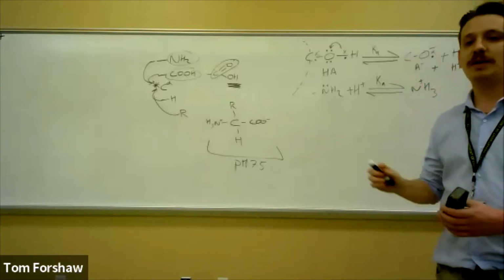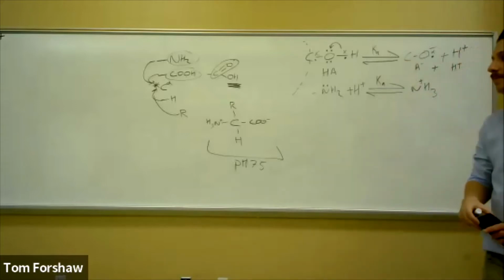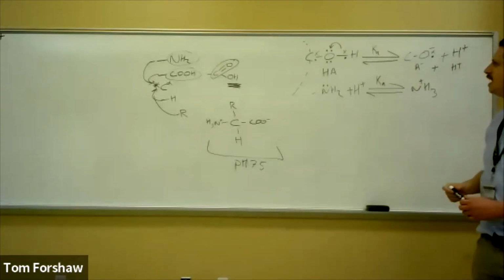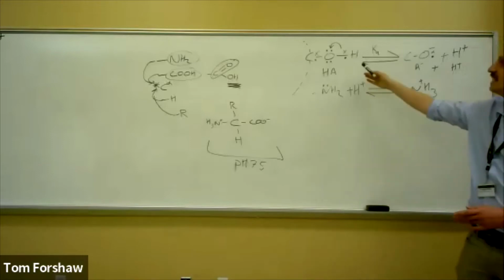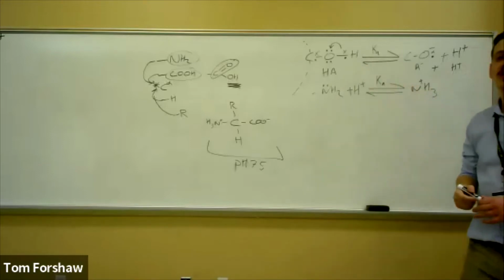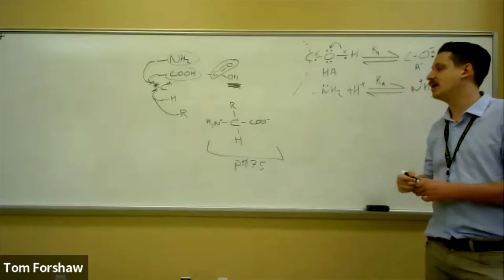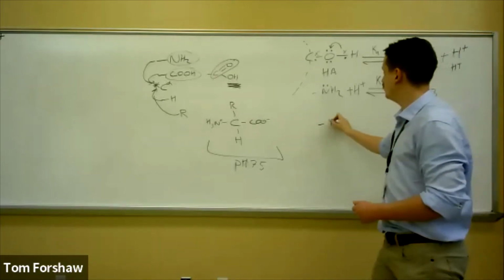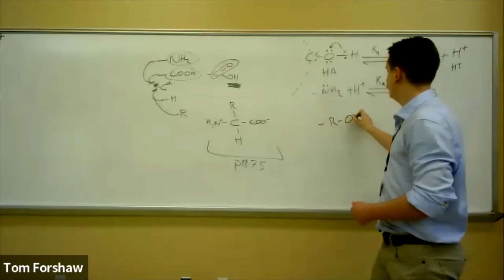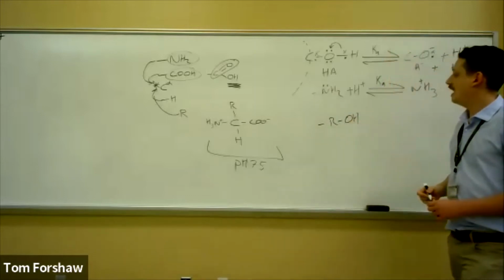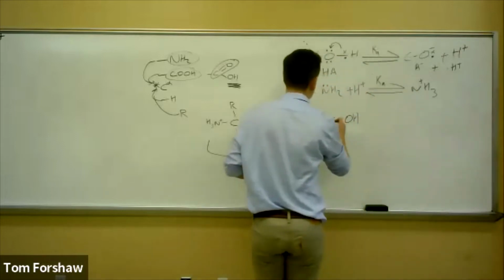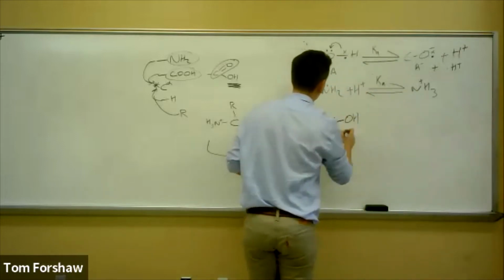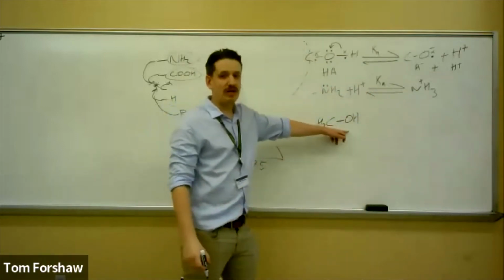But we can represent this on a graph. Different acids will have a different Ka depending on how much they want to give the proton away. So let's consider, for instance, an OH group. Let's just consider methanol. This is just an alcohol.